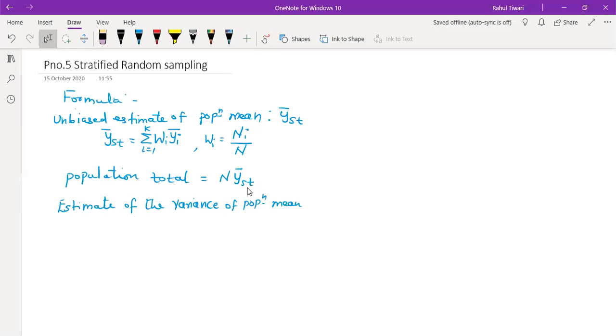That means, if I say notation, it will be variance of small y bar st and their estimate, right? We are saying estimate of variance of population. But we know that it is notated by which formula? It is variance hat y bar st. What is the formula for this?